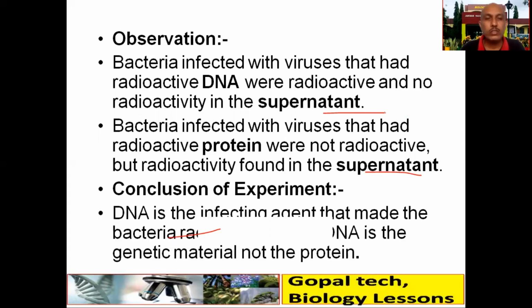So conclusion: DNA is the infecting agent that made the bacteria radioactive. Hence, DNA is the genetic material and not the protein. So this is what we got, the direct proof.